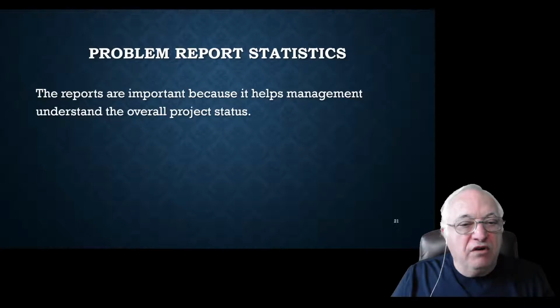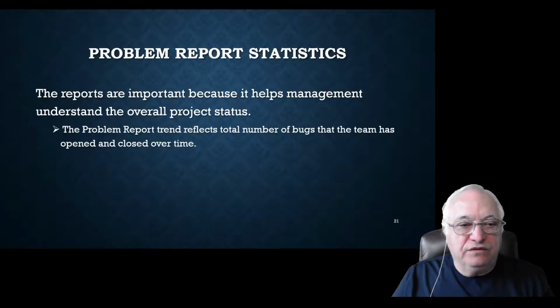The reports are important because they help management understand the overall project status. Very important for your management, so they can follow the status. The problem report trend reflects the total number of bugs that the team has opened and closed over time.